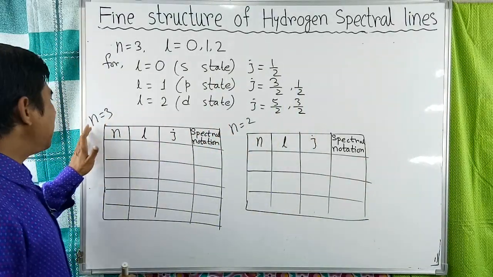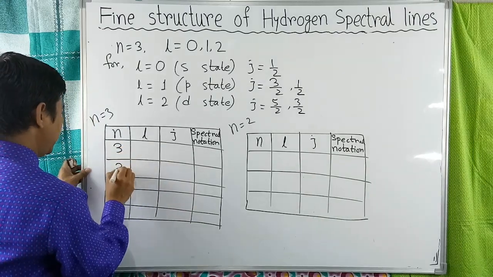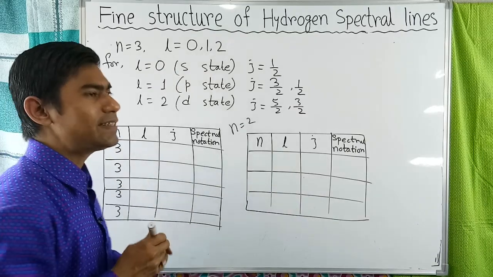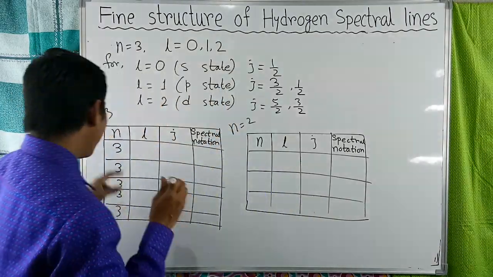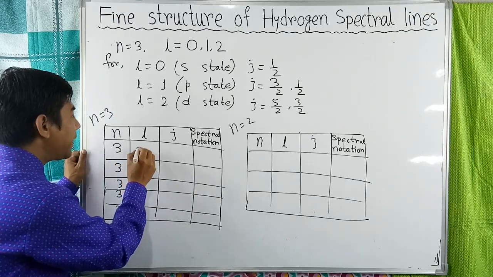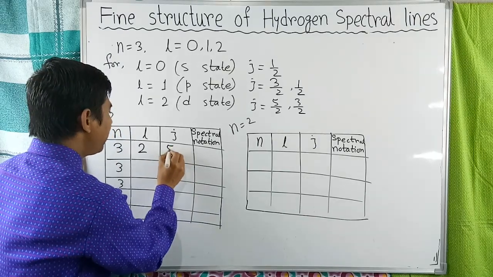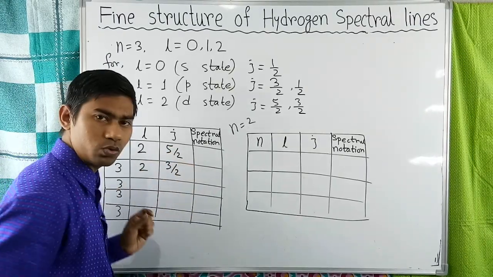Now this table is for principal quantum number n equals 3. For n equals 3, L has 3 values: 0, 1 and 2. Now n equals 3 and L equals 2: one value of J is 5 by 2 and the other value is 3 by 2.